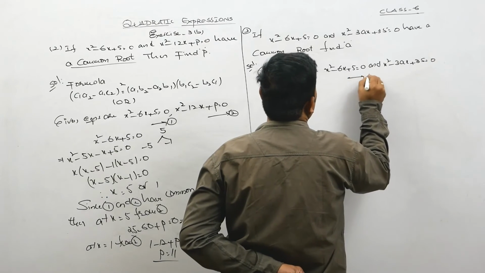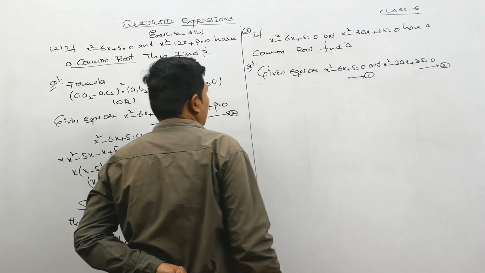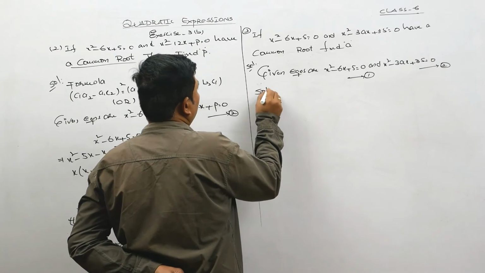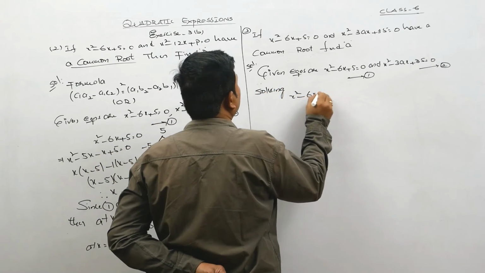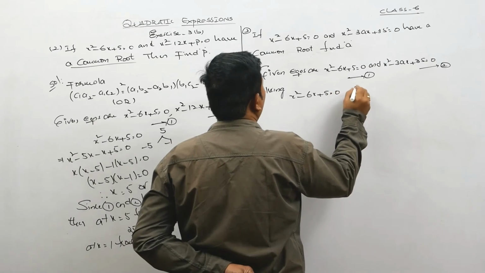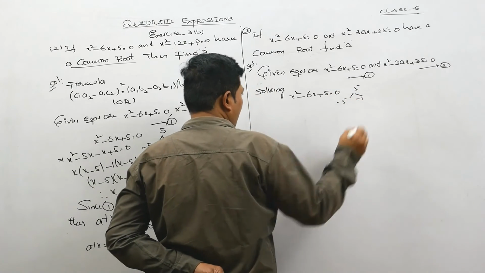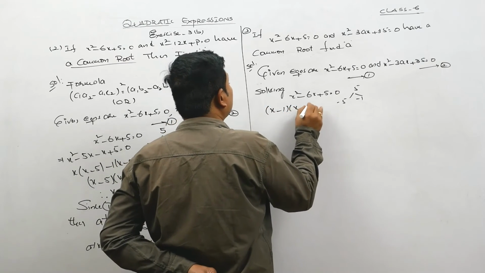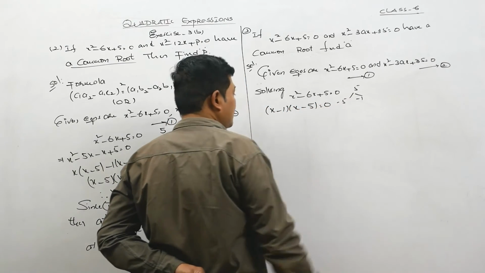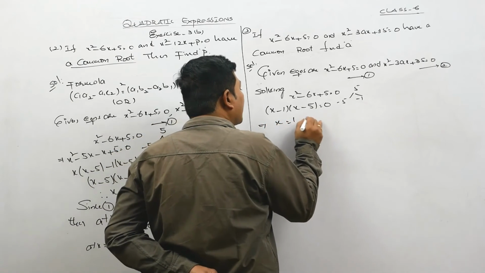Let's call them equation 1 followed by equation 2. Now solving 1, x square minus 6x plus 5 is equal to 0. 5 ones, minus 5, minus 1. Then x minus 1 into x minus 5 is equal to 0. From this, x is equal to 1 or 5.